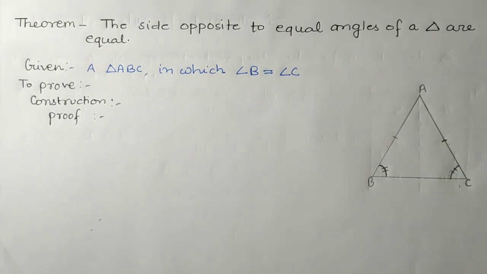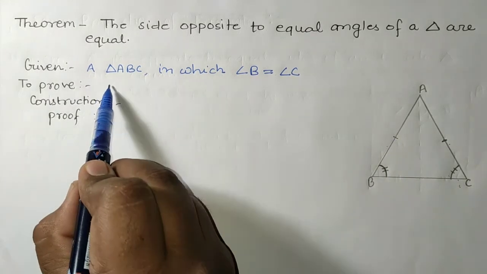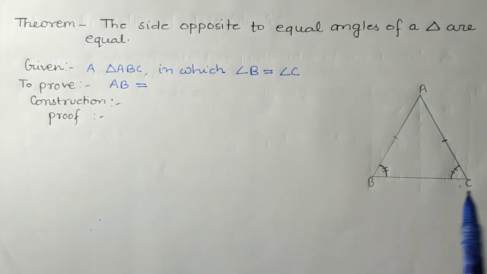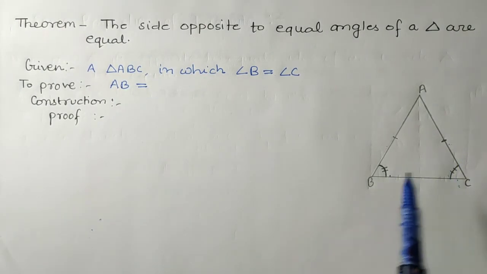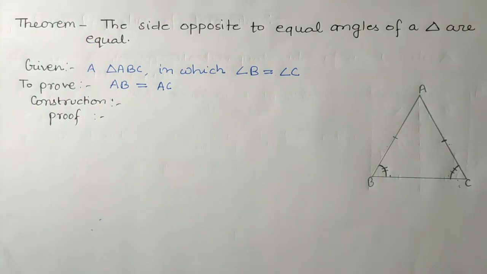The only information is that angle B is equal to angle C. What we have to prove? The side opposite to angle C, that is side AB, and the side opposite to angle B, that is side AC, are equal. Sides opposite to equal angles are equal. This we have to prove.